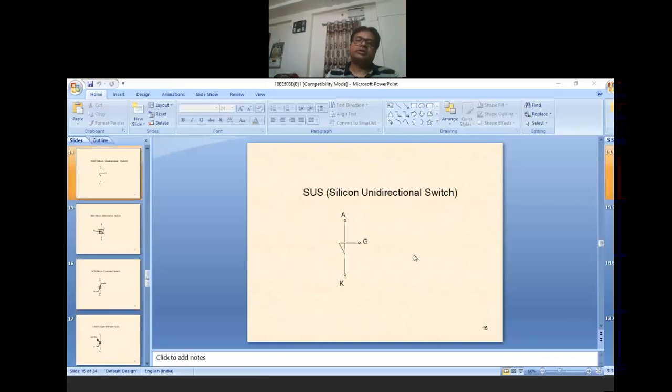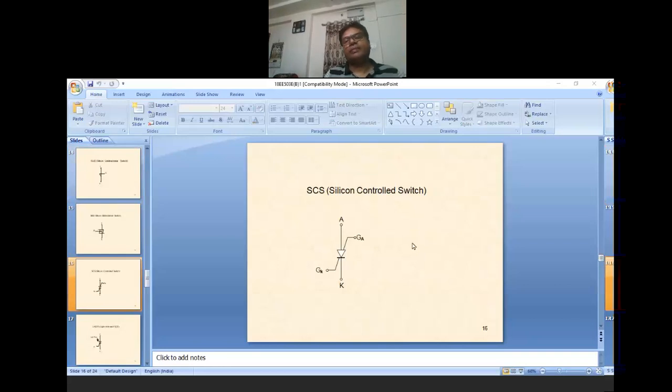Next one is silicon controlled switch, where when compared to the normal SCR, which will be having anode, cathode and only one gate, it cannot be used in both directions and also it cannot be turned off by the gate.